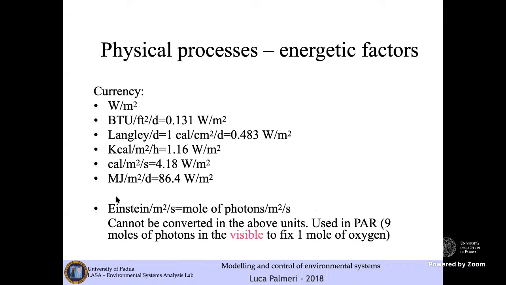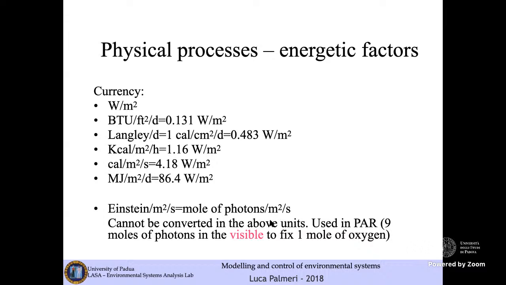Of course, Einsteins cannot be converted in the above units because Einstein depends on photons. So this unit is used in order to compute photosynthetic active radiation.